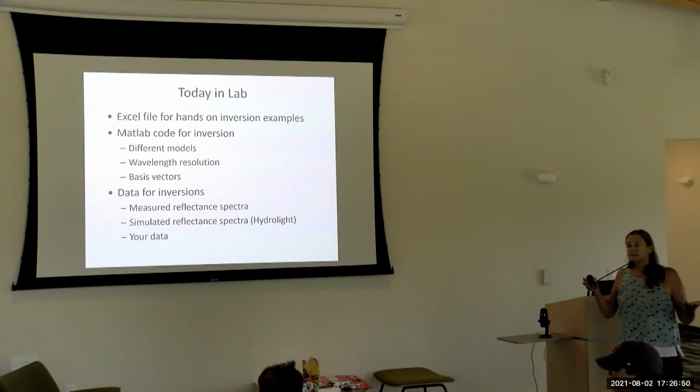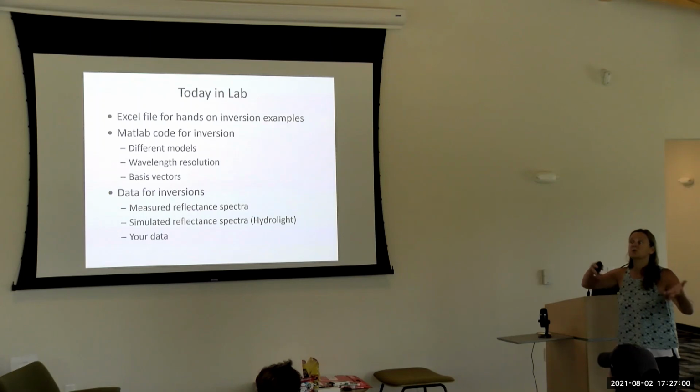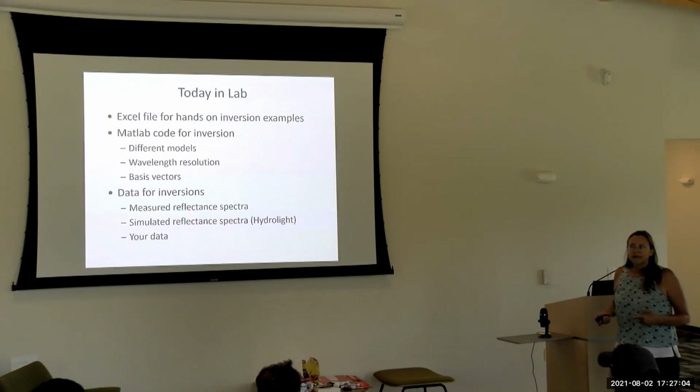I'm giving you data sets, and we're also giving you a simulated data set from HERT, from Hydrolight, that actually has validation data, because you know what generated the reflectance spectrum, so you should be able to retrieve that. You can put your own data in there. I have tried to document the code so it will be really easy for you to modify for whatever you want to do.